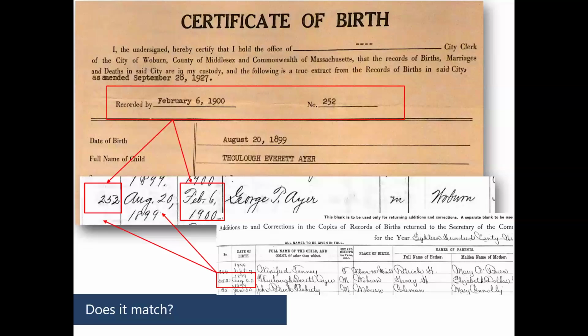The February 6, 1900 matched with the state copy that I had found that called him George. And then the number and the date of birth matched with the amended or corrected record register that I found that was dated in 1918, where he becomes Thurlow Everett instead of George T.